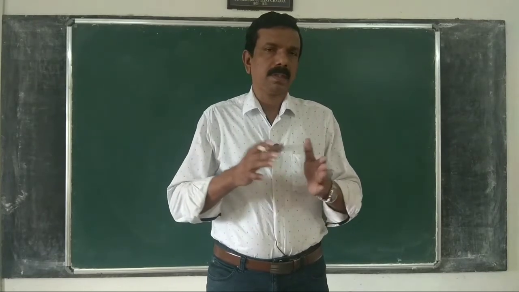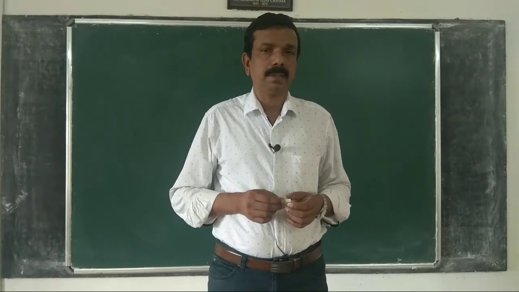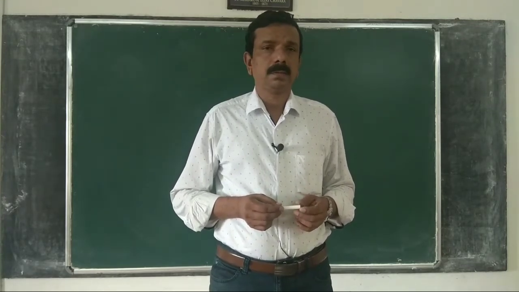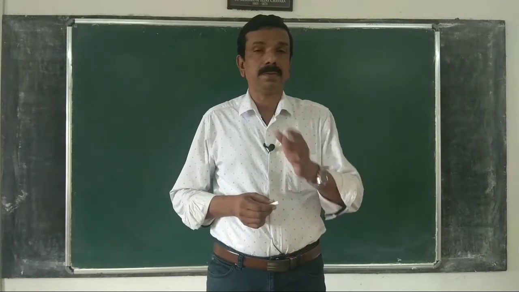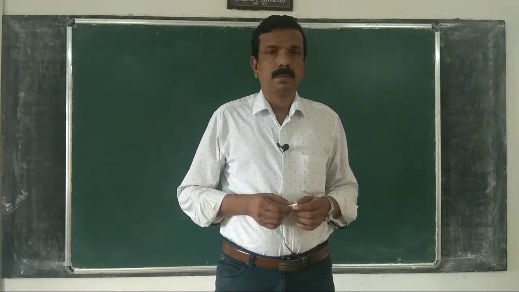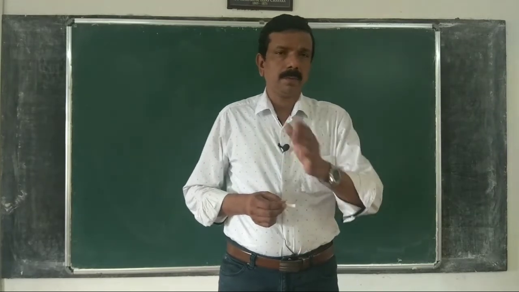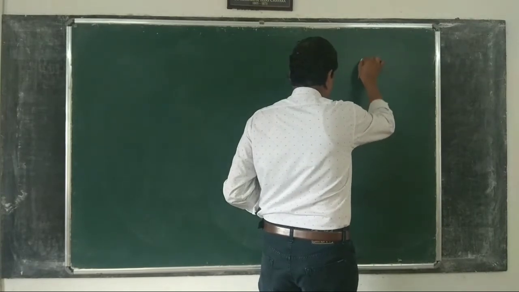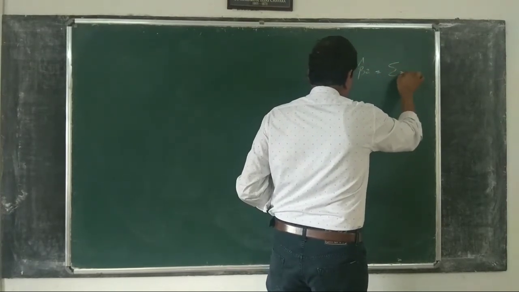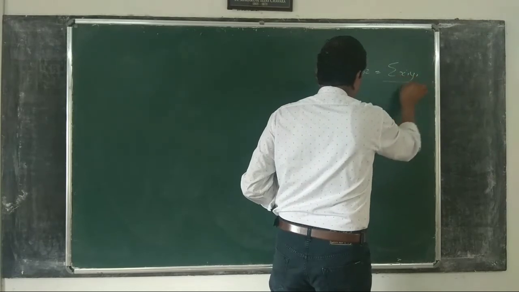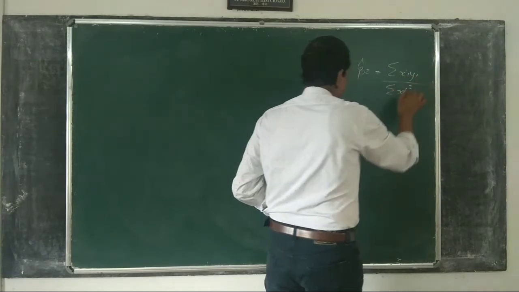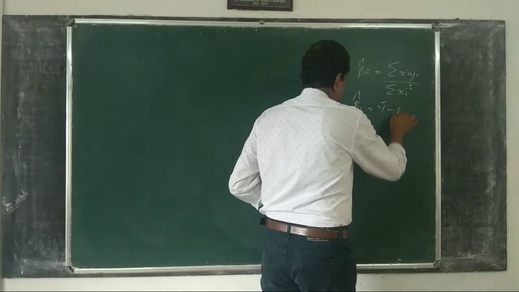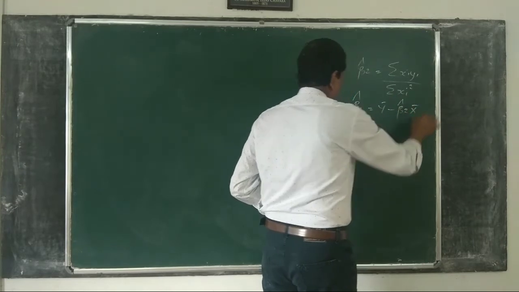It is clear from our previous analysis that OLS estimators are functions of sample values. In the two-variable model, in deviation form, beta 2 hat is sigma xi yi by sigma xi square, and beta 1 hat is y bar minus beta 2 hat x bar.